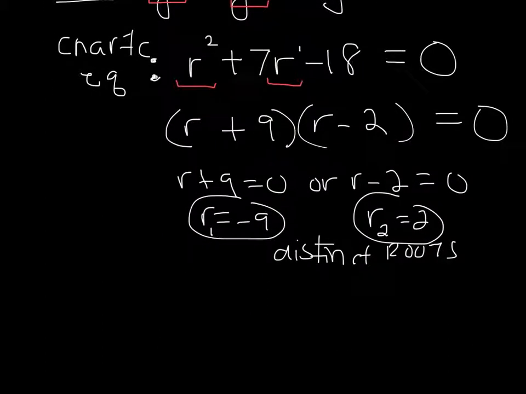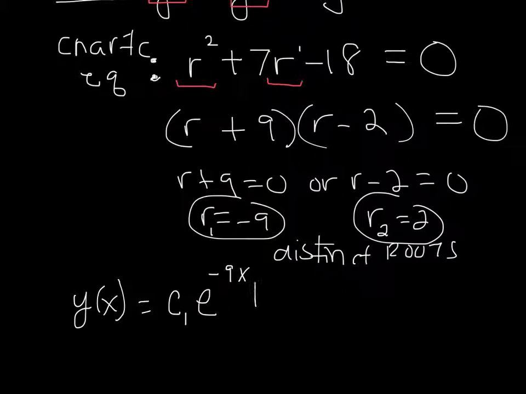So using our same theorem, I think it was 5, our general solution is C1 e to the r1x. My r1 is negative 9, so negative 9x, plus a linear combination of C2, some coefficient, e to the r2x, and my r2 is 2, so I have 2x.